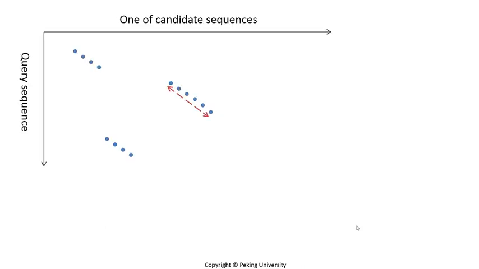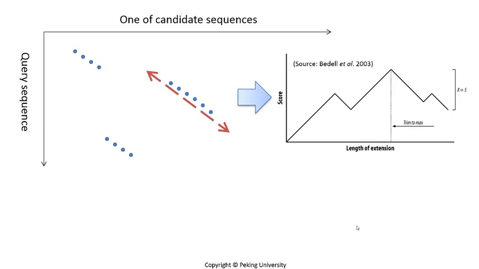Then, for each hit cluster, we can extend outward from the two endpoints until the total score has decreased below a given value x.